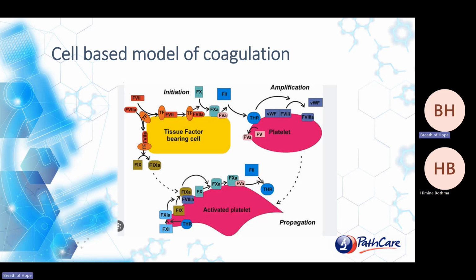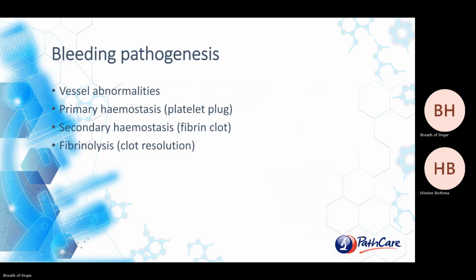Then we move on to the amplification phase of the coagulation, and that occurs on the surface of a different cell now, and that is the platelet. Once your platelet becomes activated, that is the last type of cell surface that is involved in coagulation, the activated platelet, and propagation of your coagulation cascade occurs there.